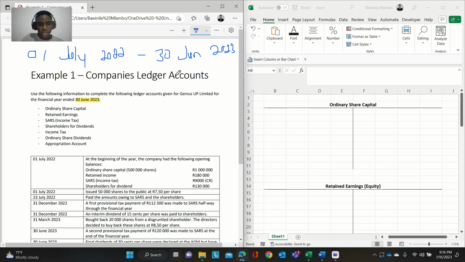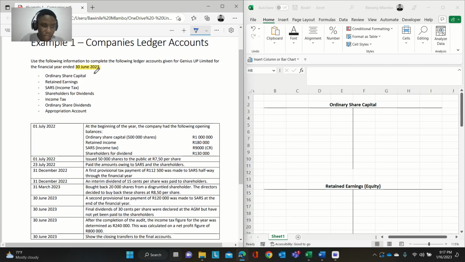So your financial year starts on the 1st of the month following the one in which it ends. It started on the 1st of July 2022 and ends on the 30th of June 2023. And if you count the months here, you'll get 12 months.